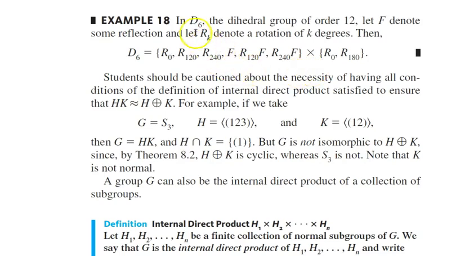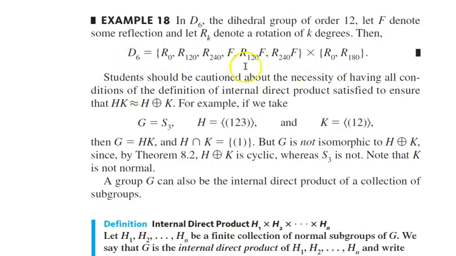Example 18. In the dihedral group D6, which has order 12, let F denote some reflection, and let Rk denote a rotation of k degrees counterclockwise. Then D6 is the internal direct product of these two normal subgroups. These subsets are subgroups, and each of them is a normal subgroup of D6.